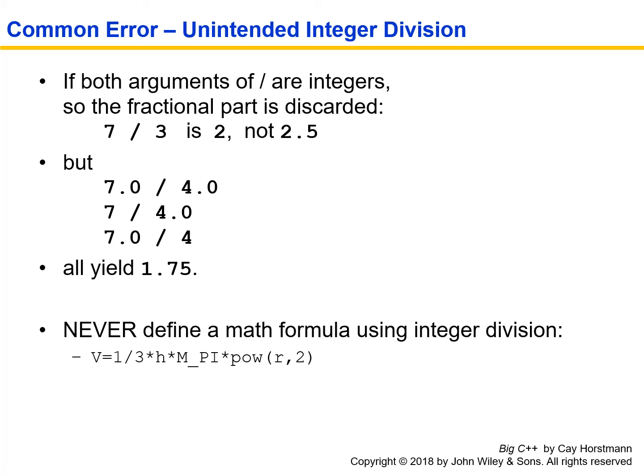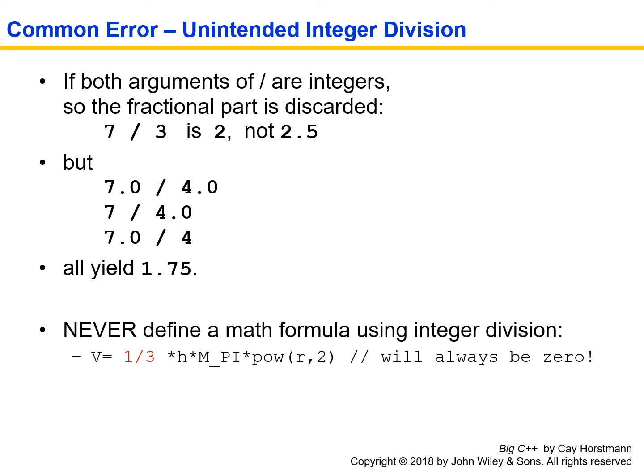They'll say something like v equals 1/3 h m pi pow r squared. But if you do this, that 1/3 is going to be 1 divided by 3, which in integer division is 0.